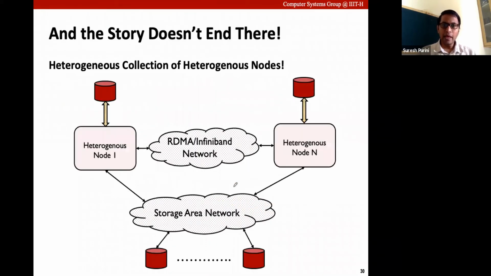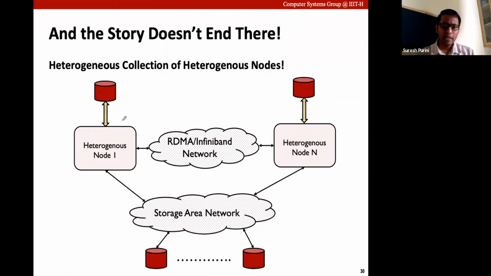And if you think the story ends there, it's not the case, because if you take a data center, you will have a huge collection of nodes, like 100 machines, 1,000 machines, or 10,000 machines if you think of Amazon or Google scale data centers. Each of these machines has a different kind of configuration, and they are connected through a high-speed InfiniBand network.